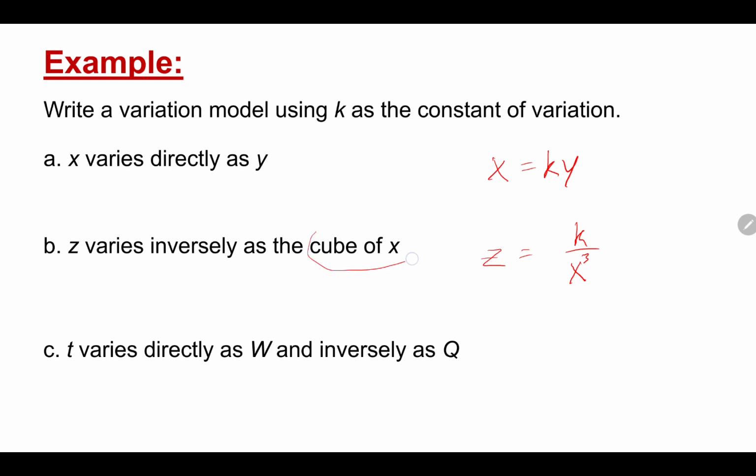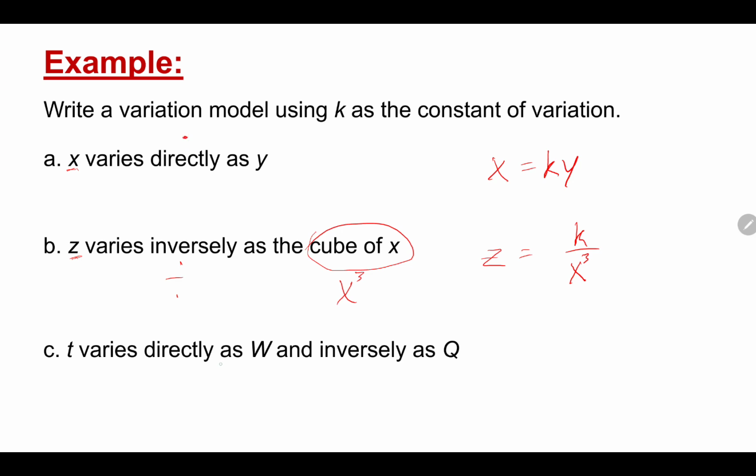Cube of x here says x cubed. Inversely tells me division. This is where I'm starting from. So this is what it's going to equal, something that is inverse to the cube of x, which is our k, our constant. Here again, this is where I start. And directly tells me I'm doing multiplication.